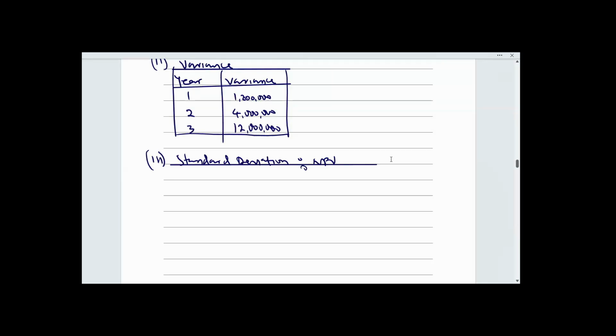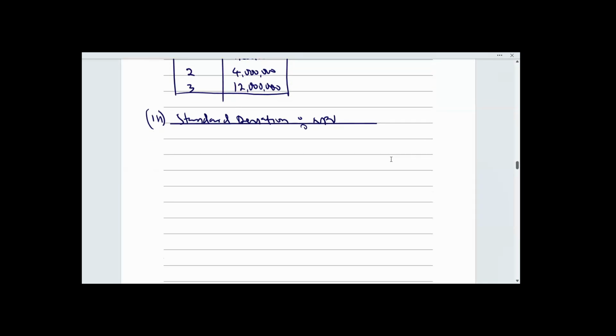Since they are independent cash flows, the standard deviation of NPV will be calculated as the variance in each year over 1 plus r raised to power 2t, then find the square root.